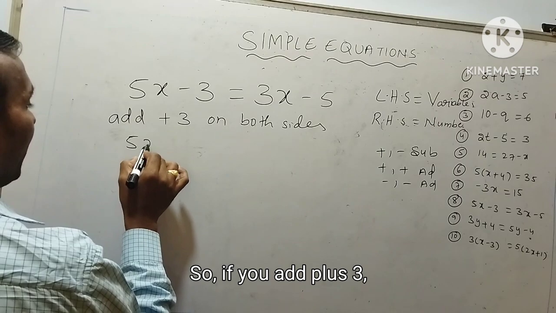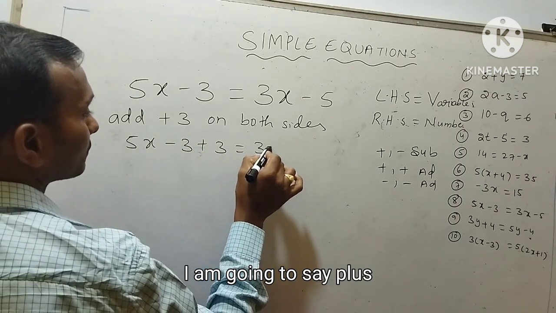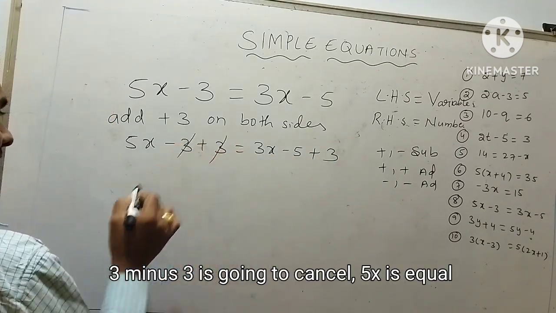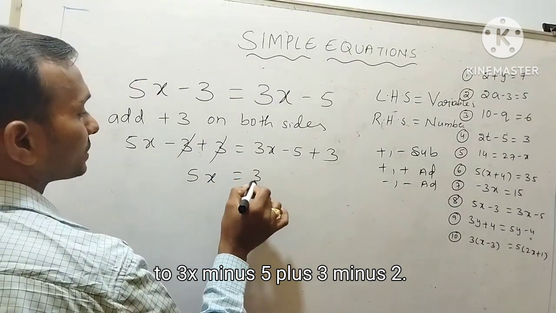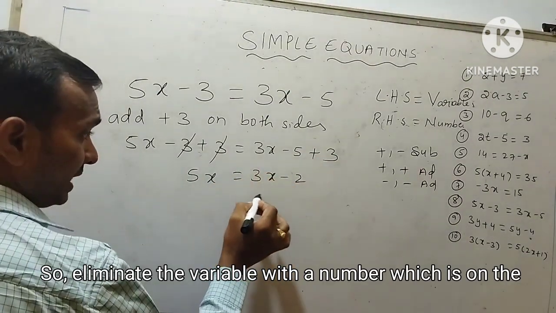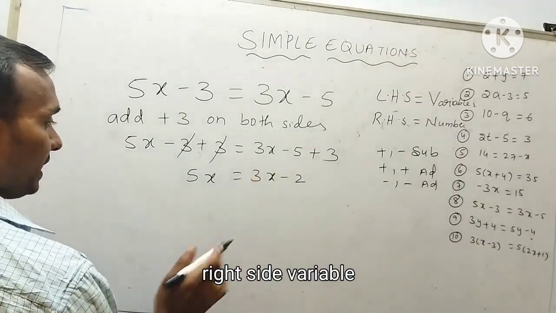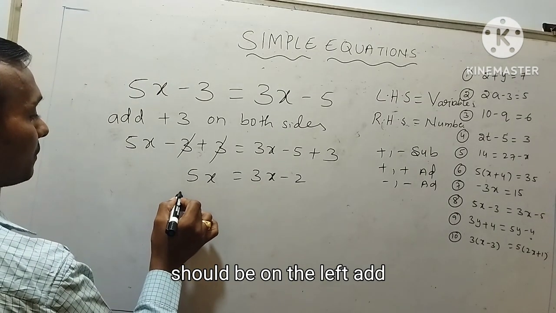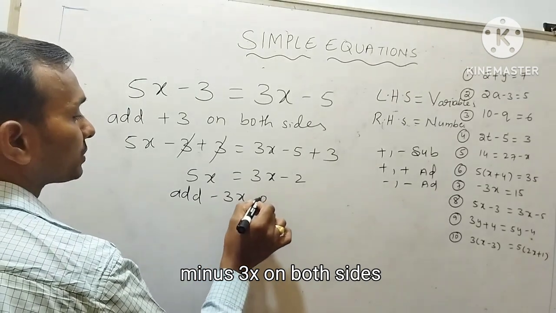So if you add plus 3 on both sides, plus 3 minus 3 is going to cancel. 5x is equal to 3x minus 5 plus 3, minus 2. So eliminate the variable which is on the right side. Variable should be on the left. Add minus 3x on both sides.